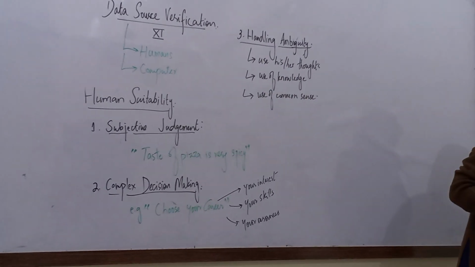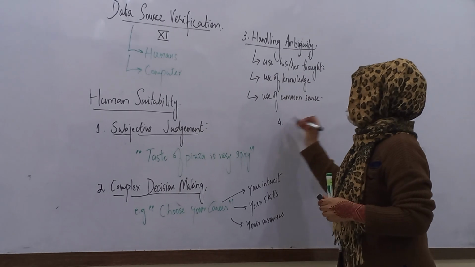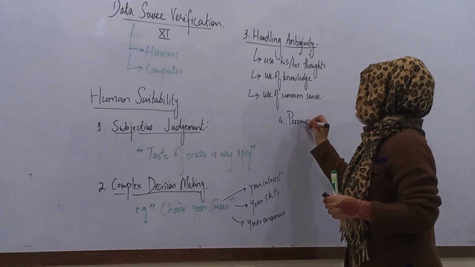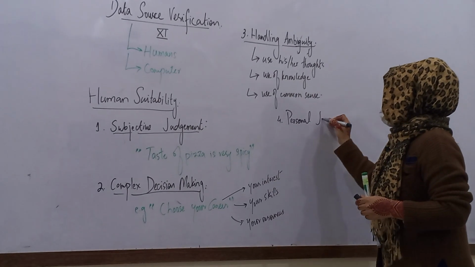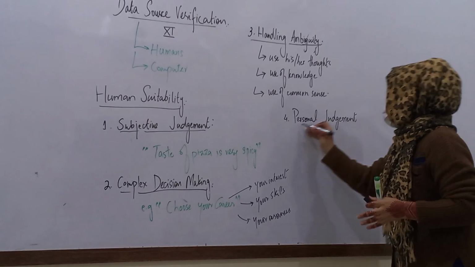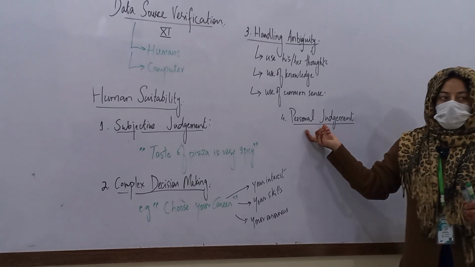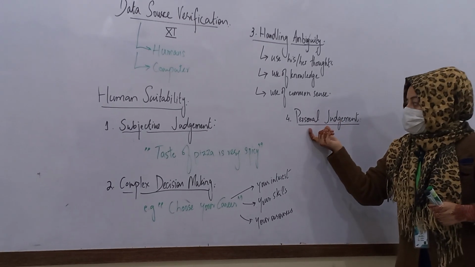Now, the last one is about personal judgments. Personal judgment is again a situation in which you are depending on or using your own perception, your own understanding, your own knowledge.